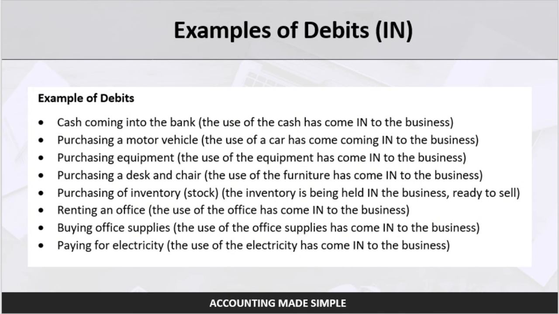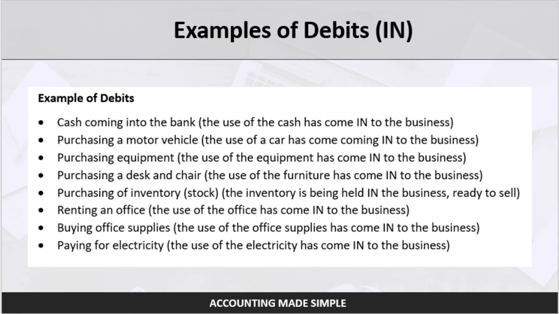Examples of debits: cash coming into the bank. The use of the cash has come into the business. Purchasing a motor vehicle. The use of a car has come into the business. Purchasing equipment. The use of the equipment has come into the business. Purchasing a desk and a chair. The use of the furniture has come into the business.